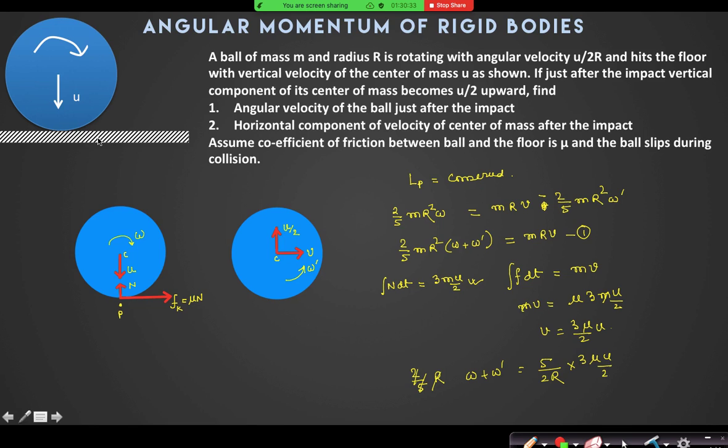Yes, we have got the same answer: 15 by 4r into mu into u. So omega prime is equal to 15 by 4r into mu into u plus omega. Omega prime minus omega is u by 2r. Yes, we are getting the same answer. You can use it.